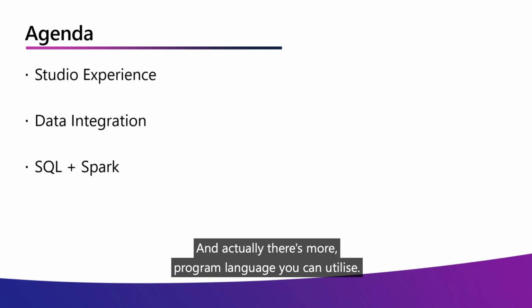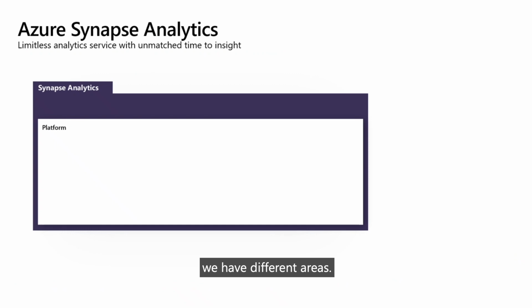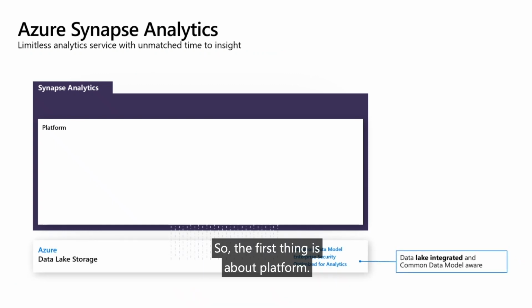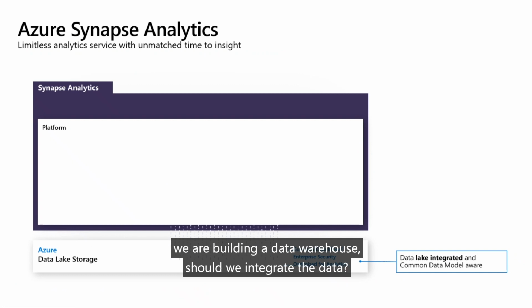Let's take a look at the latest infrastructure of Synapse Analytics. As you can see here, we have different areas. The first thing is the platform. Many of you actually ask me, we are building a data warehouse, should we integrate with the data lake?